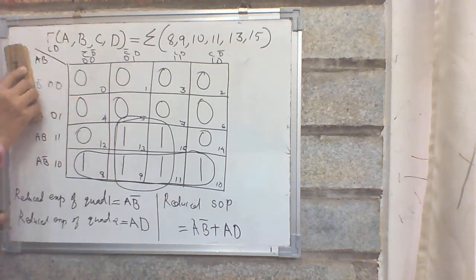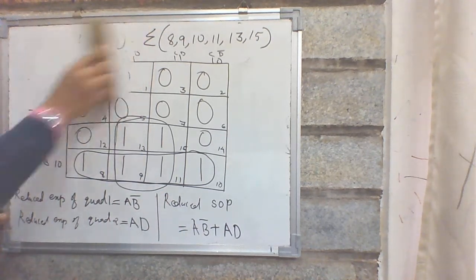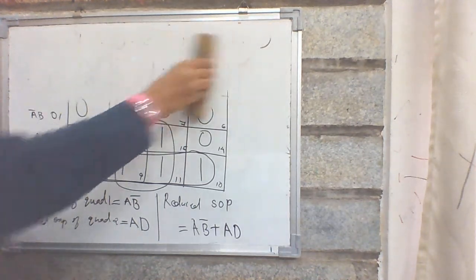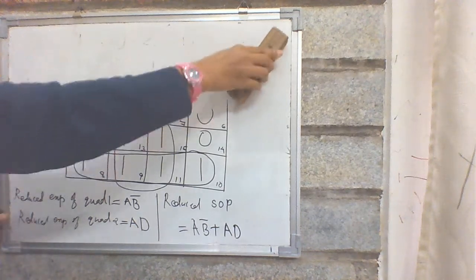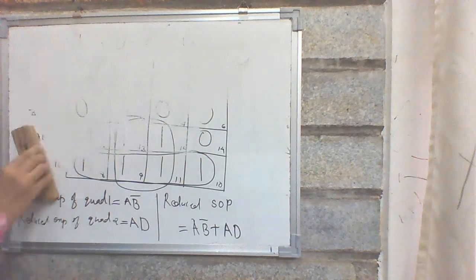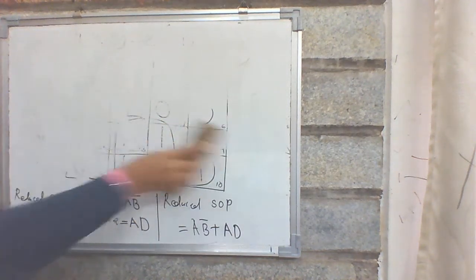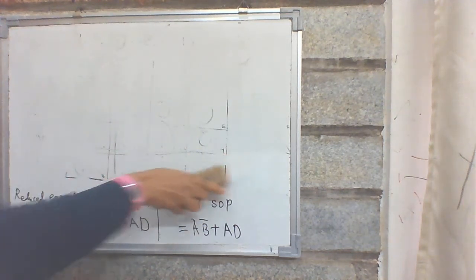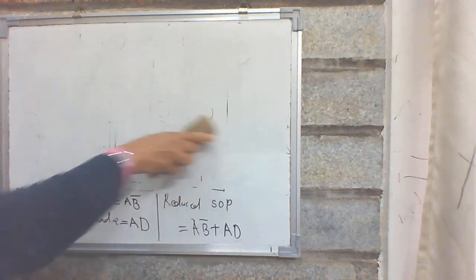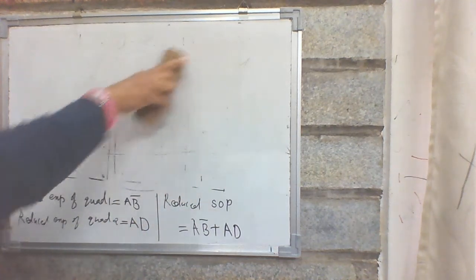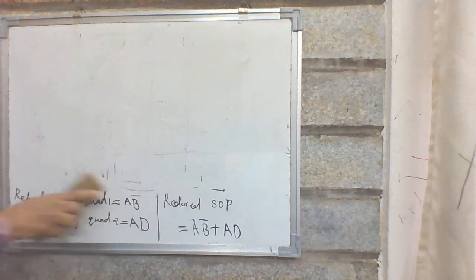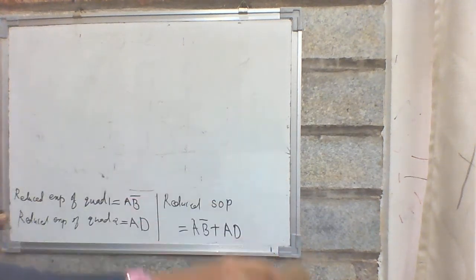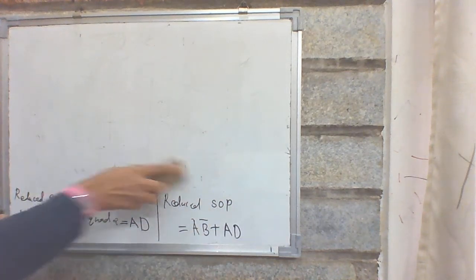Next we need to draw the logic gate diagram of that reduced SOP. How to draw that diagram? Let's check how to draw that diagram. I'll show, the reduced SOP is this one, AB bar plus AD.